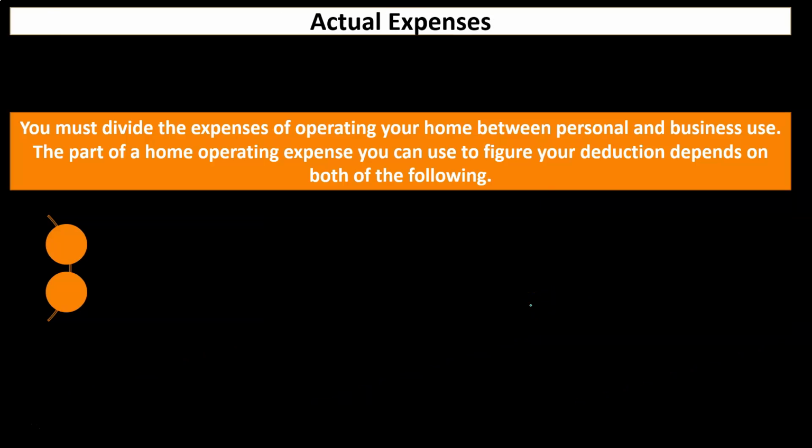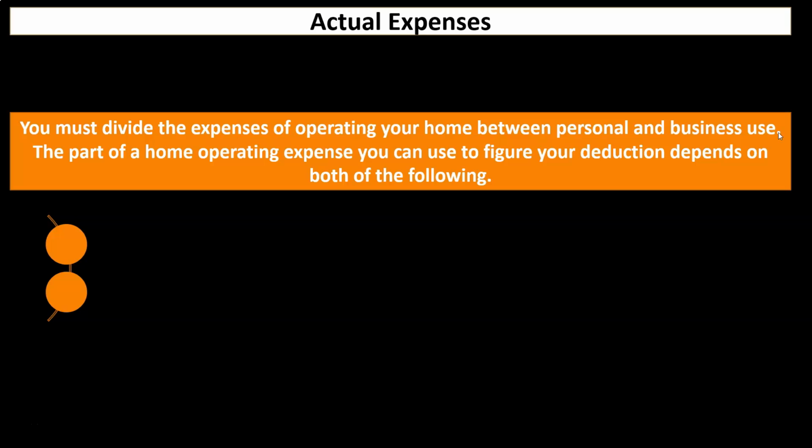So for actual expenses, you must divide the expenses of operating your home between personal and business use. The problem here, of course, is that we have a home, but we carved out part of the home for the business. And so now the expenses related to the home, we have to fractionalize between the personal and business to see whether or not we can take the deduction on, say, the Schedule C, if we have a Schedule C business.